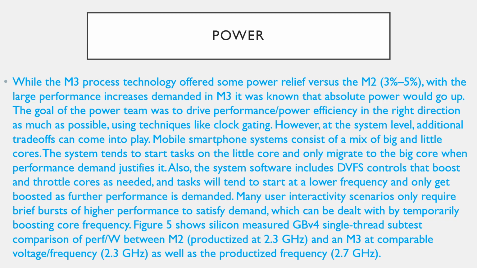Many user interactivity scenarios only require lower core frequencies, which shows in a silicon measured Geekbench v4 single thread subset comparison of performance per watt between M2 and M3 being comparable at the lower frequencies.